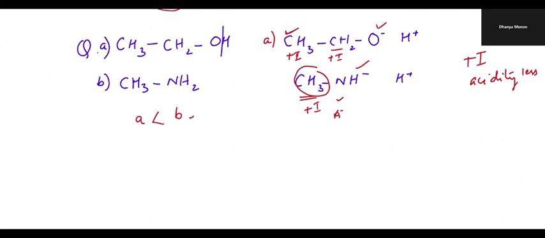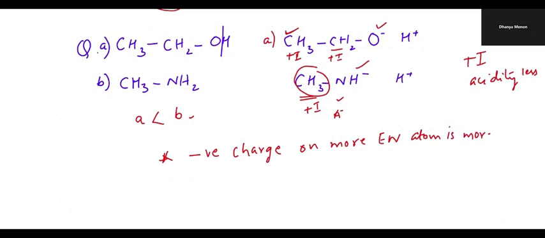This is a very important rule. Negative charge on a more electronegative atom is more stable. So this part is the A minus ion that gives stability or acidic character to the acid.